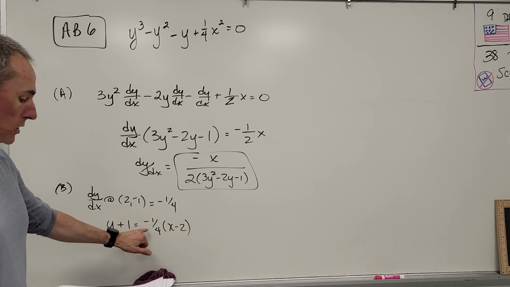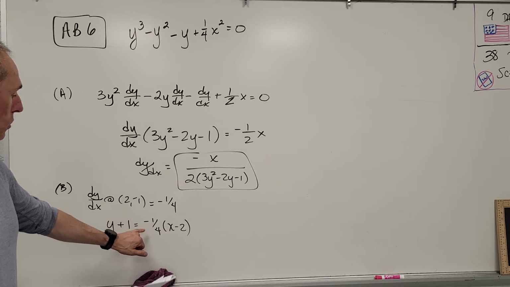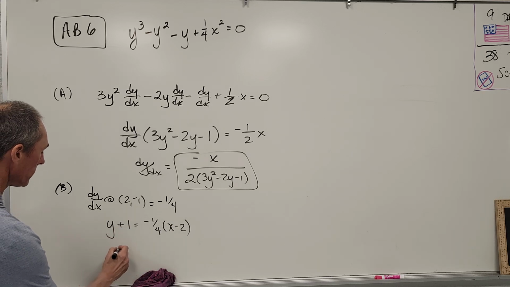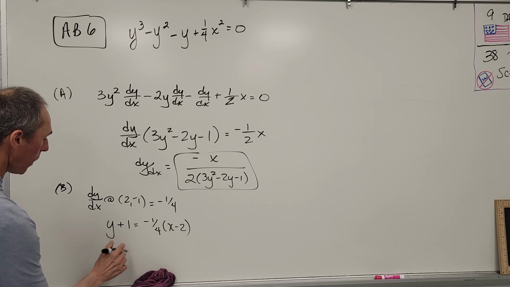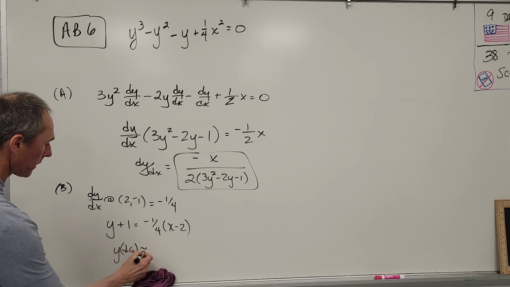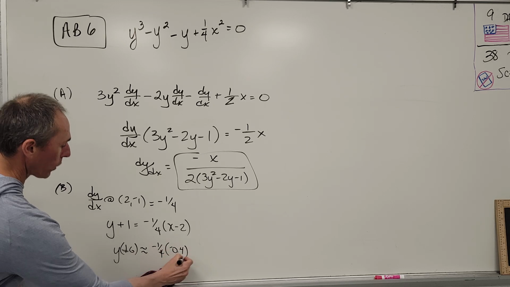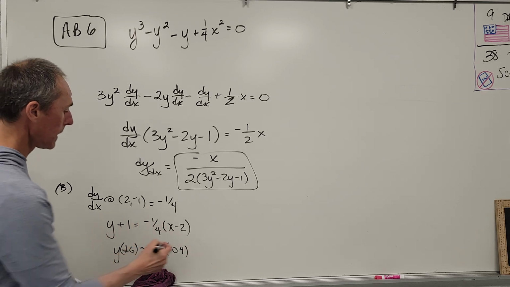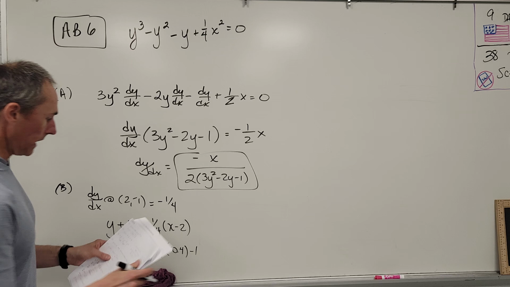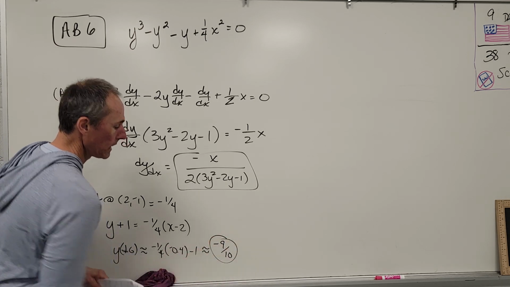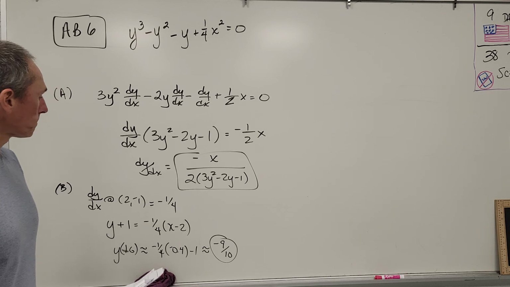All they want us to do is use that tangent line to approximate the value at 1.6. So y of 1.6 would be approximately -1/4 times -0.4. That's what happens when we put 1.6 in there. Take away 1, and that gives us a nice clean -9/10, or -0.9.